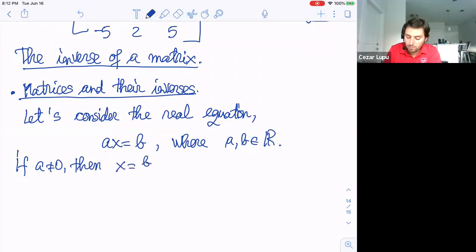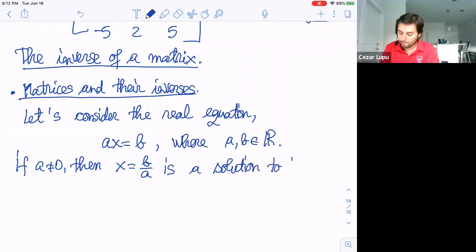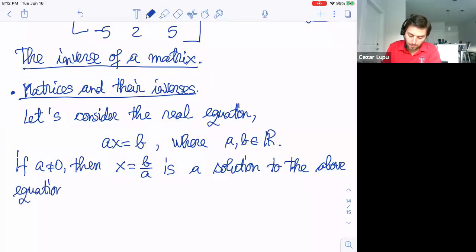I can say that x equals B over A is a solution to the above equation. Okay, so that's the solution, provided that A is different than 0.